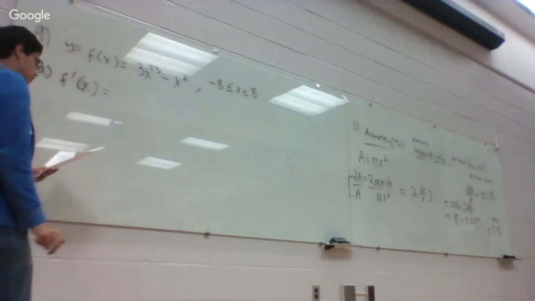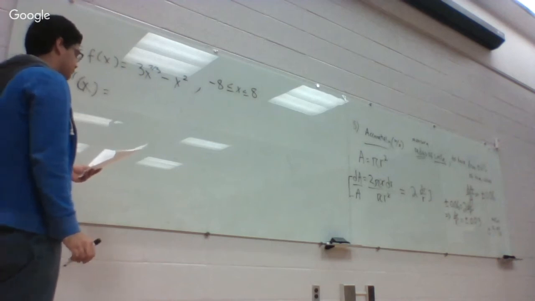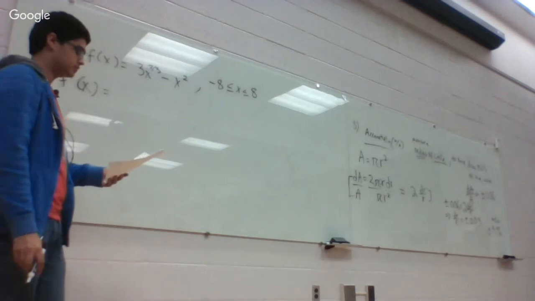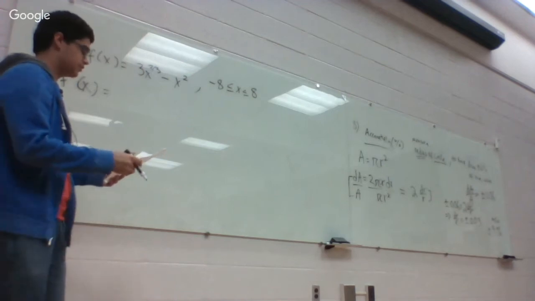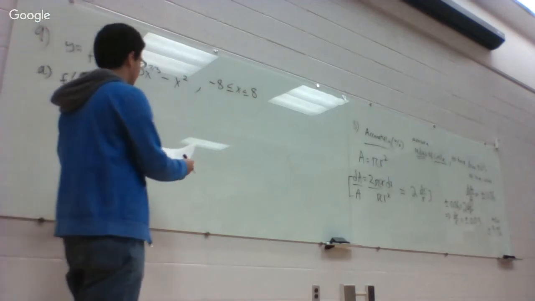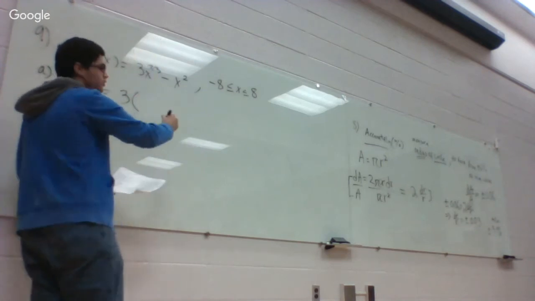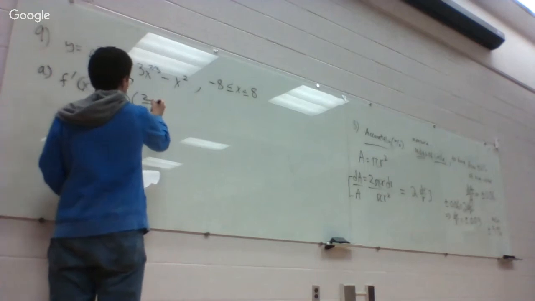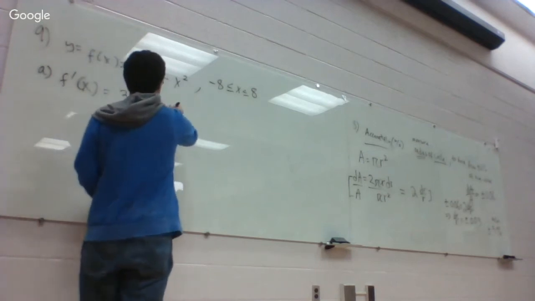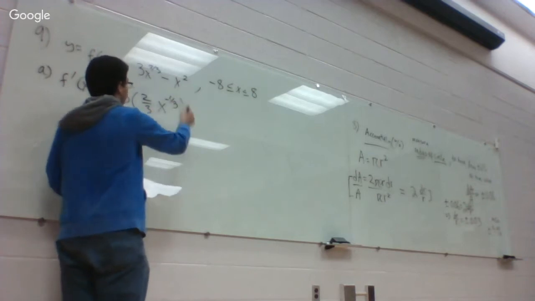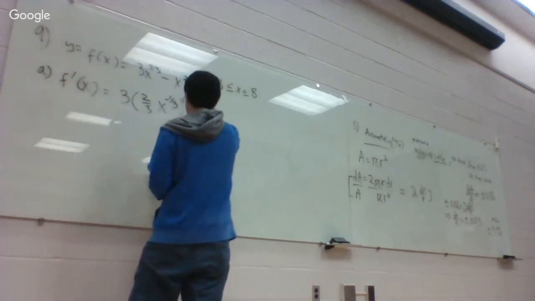So what did you guys find for f prime of x? What's the first step? So it means 3 times 2/3 times x to the negative 1/3 plus the quantity minus 2x.